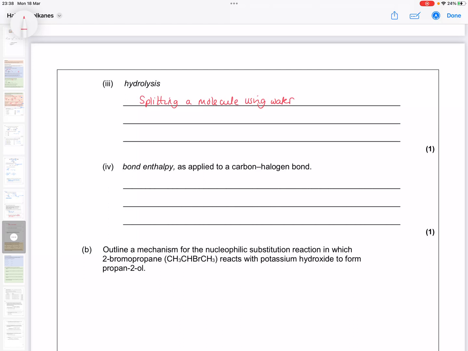So the bond enthalpy, because it's enthalpy, is the heat energy required to break a carbon halogen bond at constant pressure.